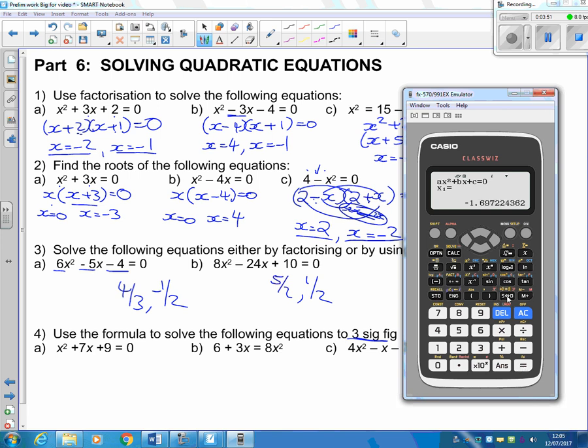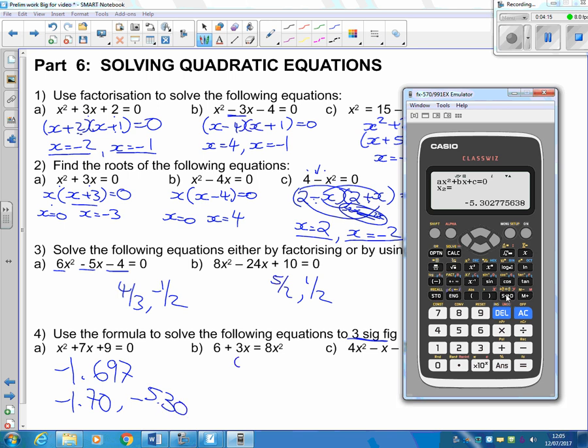If I push my decimal button here, it will tell me I've got minus 1.69, or actually 3 significant figures, that's minus 1.70, that one, isn't it, because of the next digit. Push equals again, and the other answer is a simpler minus 5.30 to 3 significant figures.